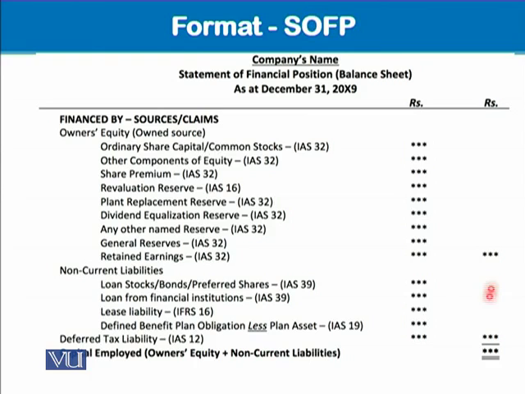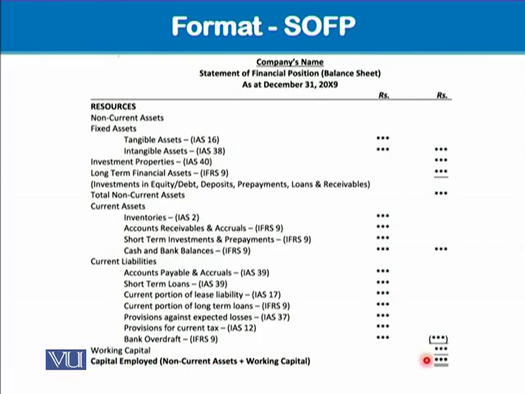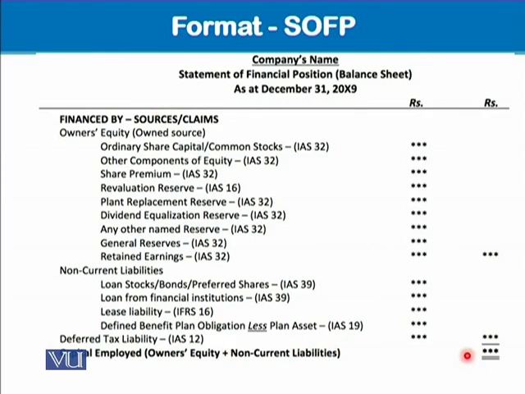Total owner's equity and non-current liabilities gives us a figure which is exactly equal to the capital employed figure, which we worked out over here as well in this resources section. So resources are equal to the sources. These sources are owner's equity plus non-current liabilities.